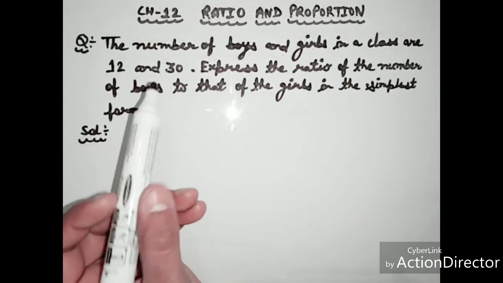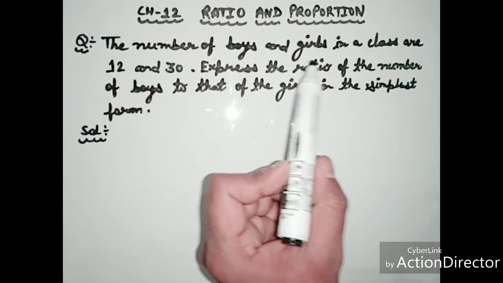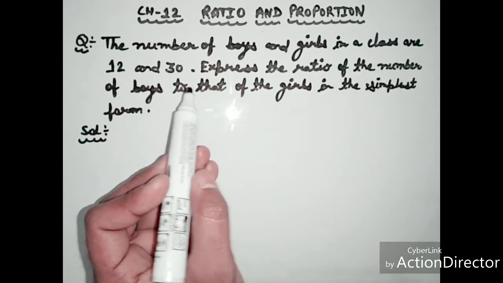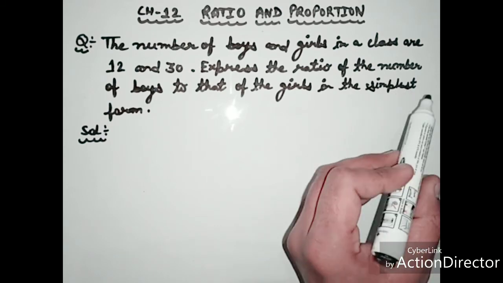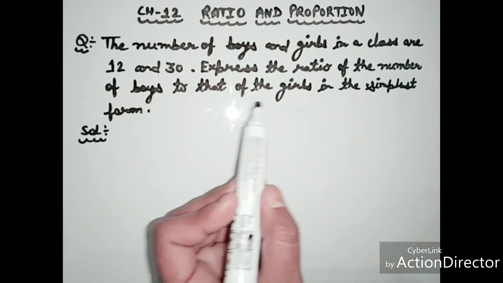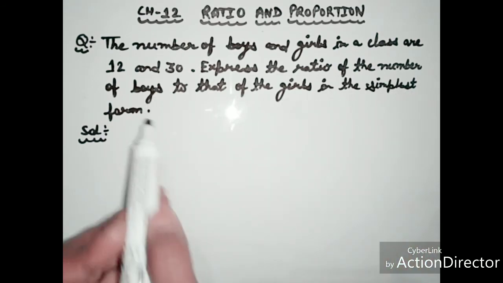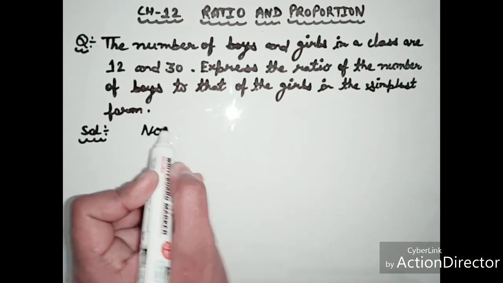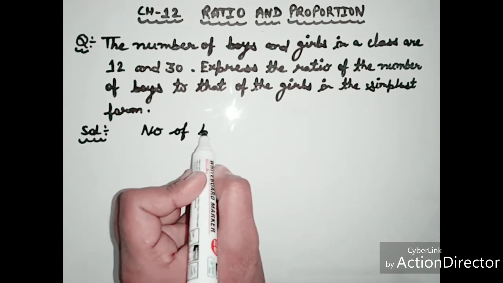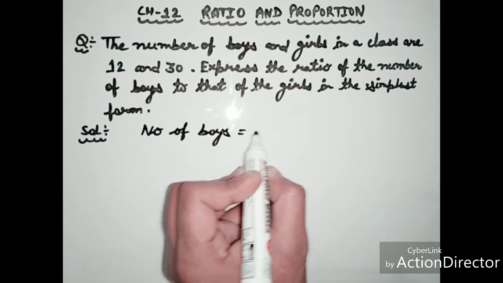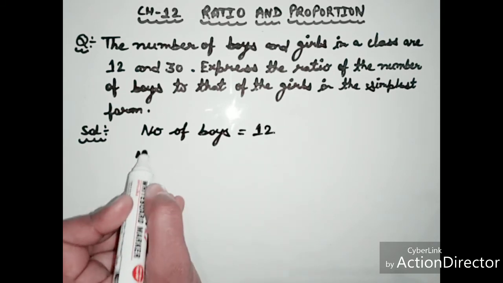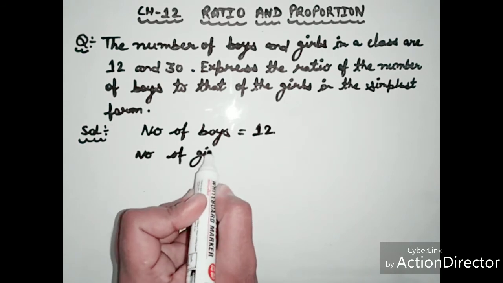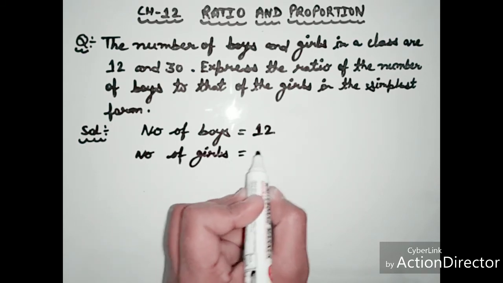Now the next example, the number of boys and girls in a class are 12 and 30. Express the ratio of the number of boys to that of the girls in the simplest form. So here first we write number of boys equal to 12 and number of girls equal to 30.